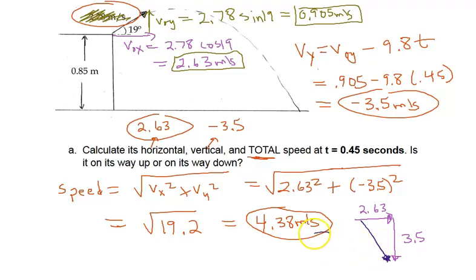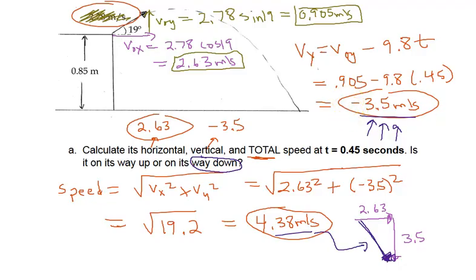But the hypotenuse is the total speed because it's instantaneously going over and down at that rate. So this dark purple is 4.38. And we know it's on its way down. There are 2 ways you can justify it. The easiest is clearly that the vertical velocity is negative, right? That's just telling you that it's headed down.